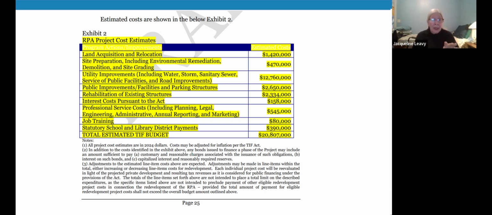That means paying the planners and the consultants, job training, and any payments they might have to make to the school and library district, which I don't want to get into tonight. But they're talking about a proposed budget of $20.8 million to spend in North TIF District #1.